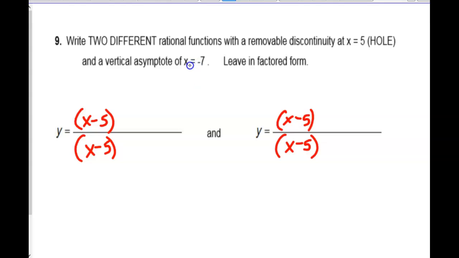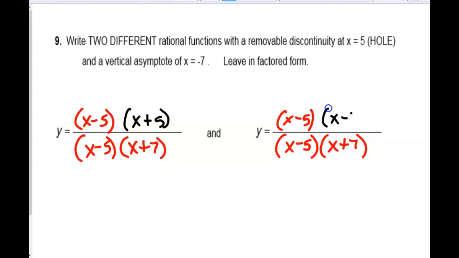It needs a vertical asymptote at x plus 7 in the denominator. Okay, how do we make them different? Yeah, I could put a 2 up there. I could also put an x plus 5 and an x minus 11. Doesn't matter.